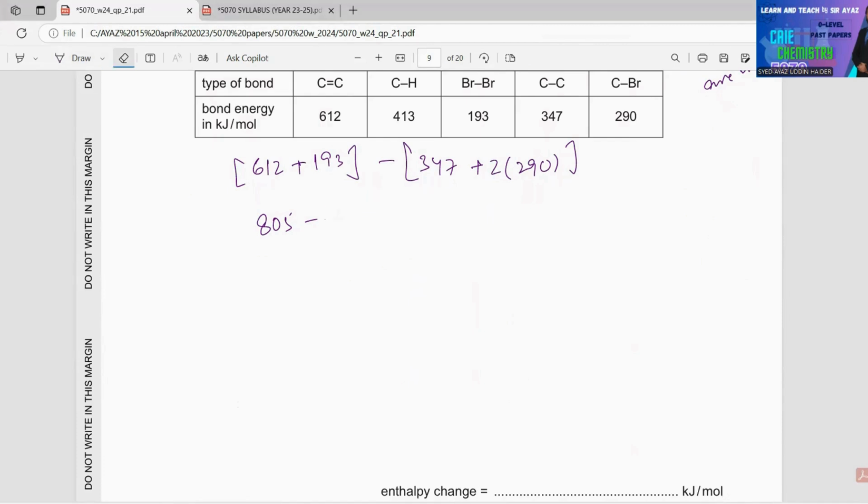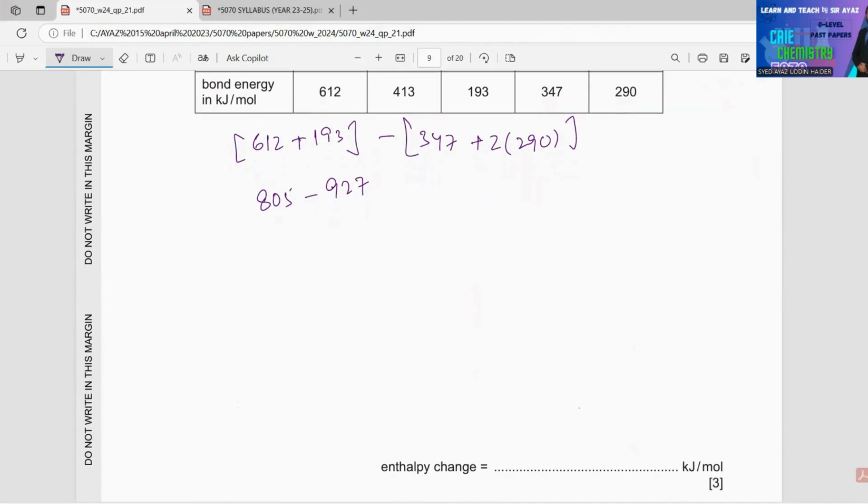I need to do this again. 290 multiplied by 2, we are getting 580. 580 plus 347, 927. So 805 minus 927, minus 122. This will be the final answer. Minus 122 kilojoule per mole.